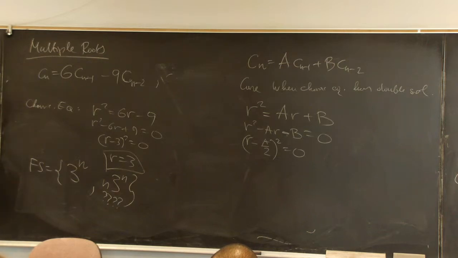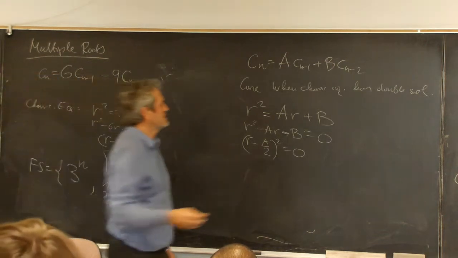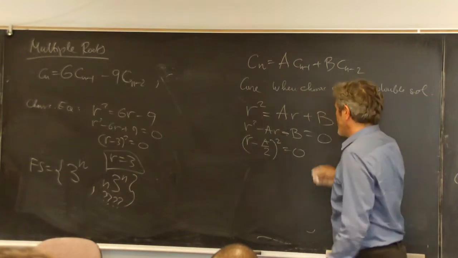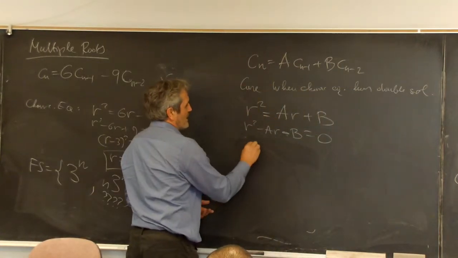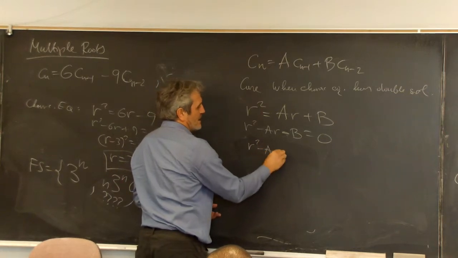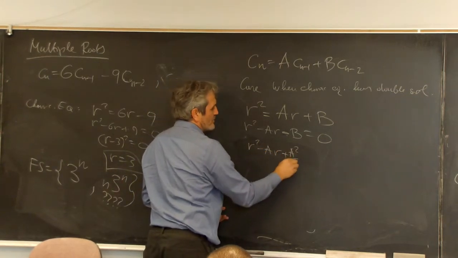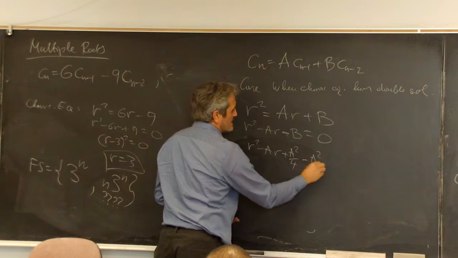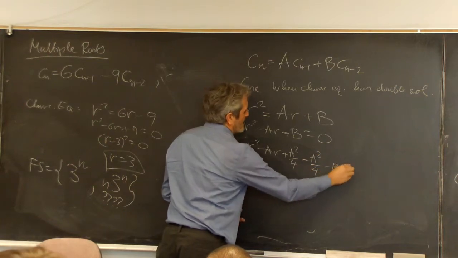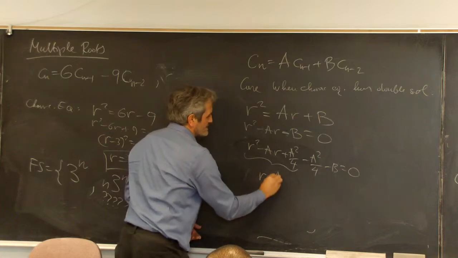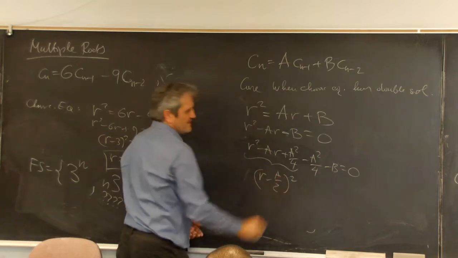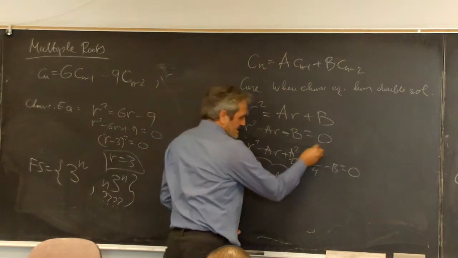Let me do it in more detail. r squared minus a r, and a squared over 4; I subtract a squared over 4. Then this is r minus a over 2 squared, and this has to be 0.